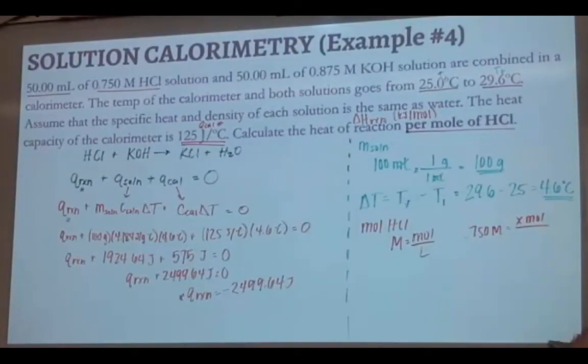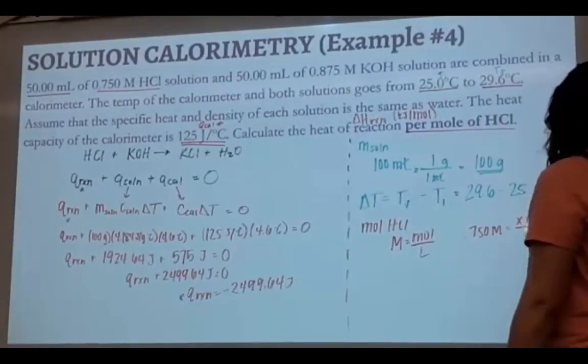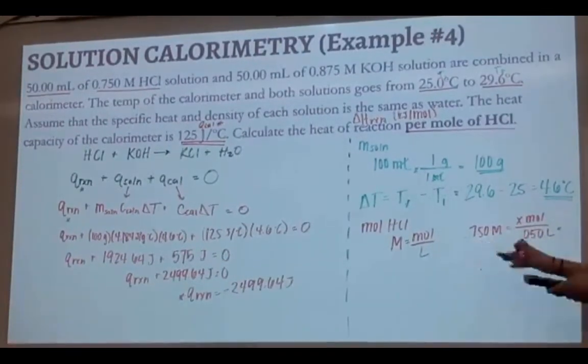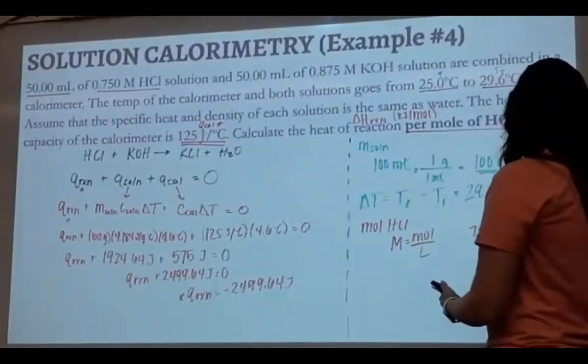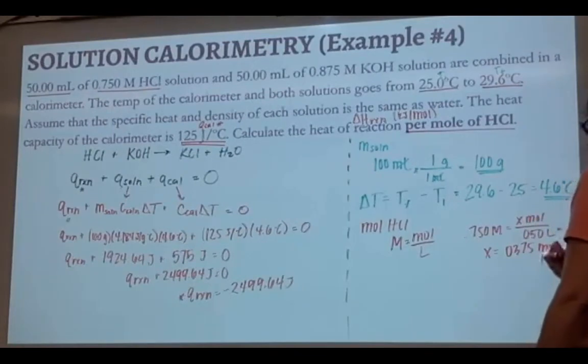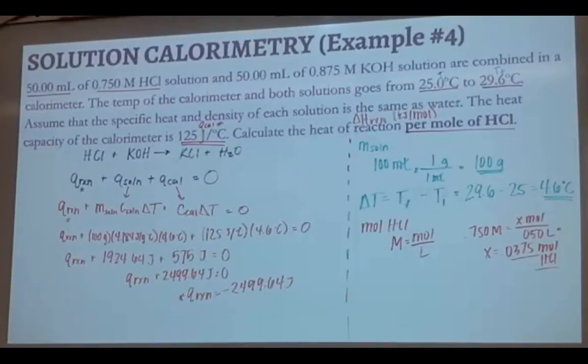It needs to be in liters. 50 divided by 1,000 is 0.05. I'm going to put a little star here. Remember that it has to be in liters. If I solve for X, I'm going to multiply over, and I get 0.0375 moles of HCl.